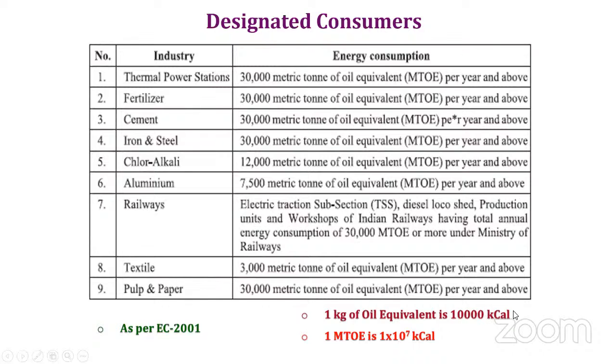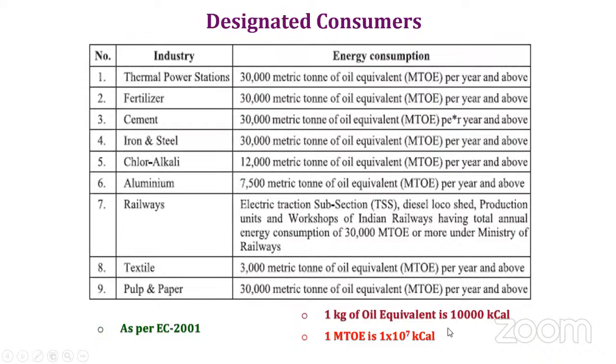We know how to calculate kilocalorie. If it is electricity, it is very simple, because 1 kilowatt hour equals 860 kilocalorie. Similarly, coal has its own kilocalorie value, and furnace oil too. Everything is available. Even electricity you can convert into kilocalorie.